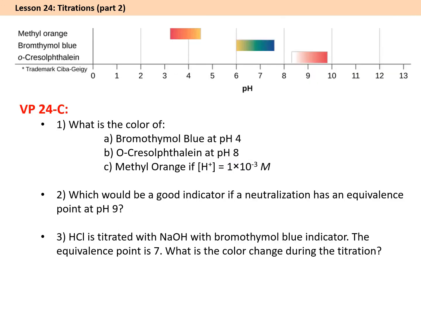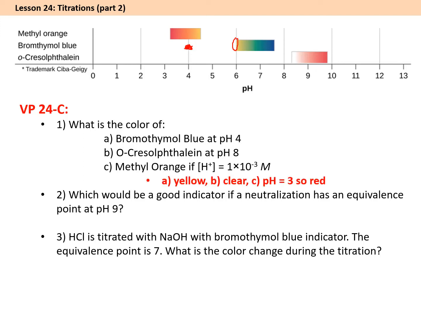All right, so 24C deals with indicators. So we're asked some questions about different indicators. These three: methyl orange, bromothymol blue, and o-cresolphthalein. Okay. So what is the color of bromothymol blue at pH 4? Okay. So here's bromothymol blue at 4. Seeing that this is below the color change range, it's going to be the same color as right here. So it's going to be yellow. Okay.